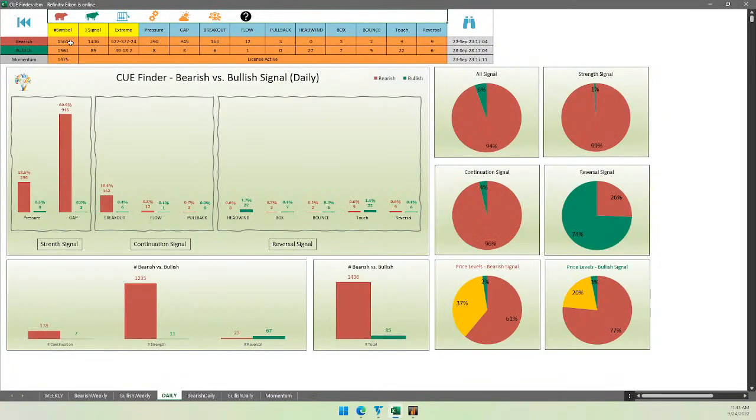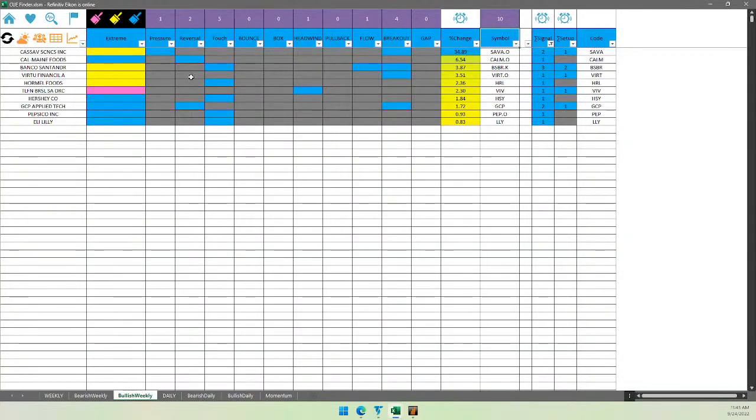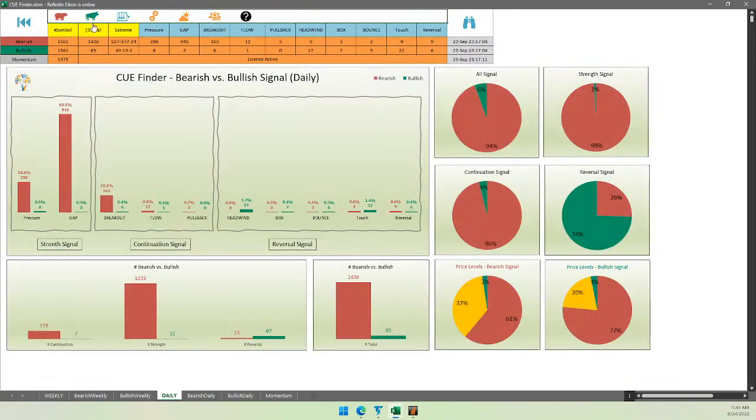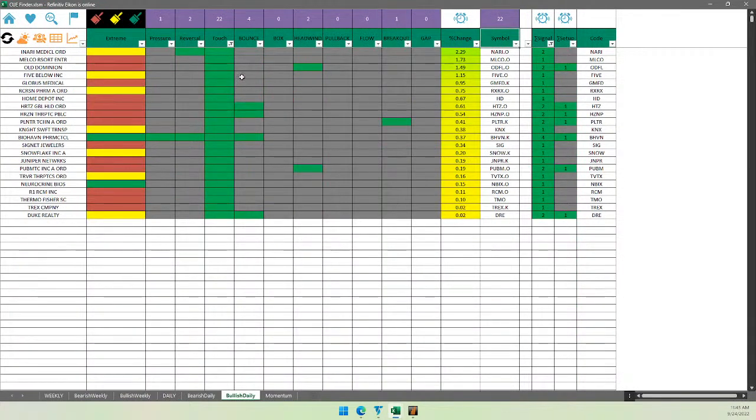One way will be to go to Q Finder, either go to weekly pattern, look for stocks that are touching trend line support, or go to the daily bullish signals, look for stocks that are touching trend line support, and then further check if they are fundamentally strong.